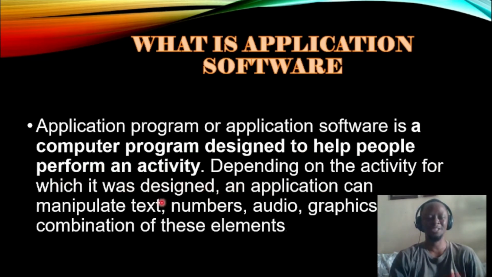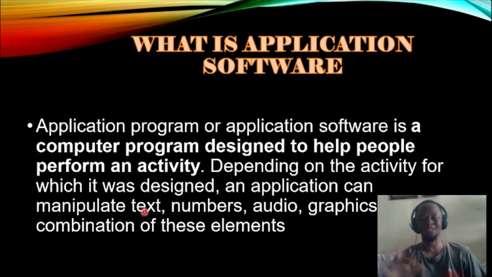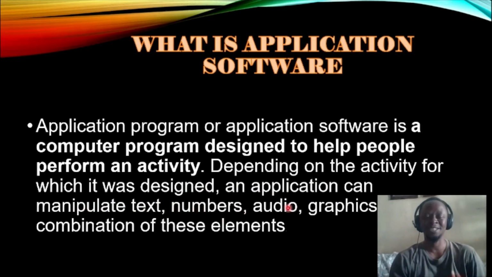An application can manipulate text, which is where we type, and numbers. It can also manipulate audio, which has to do with sound, such as playing music, graphics, and combinations of these elements. So this is what application software does.